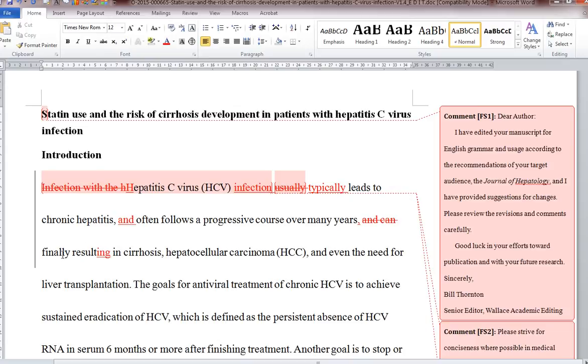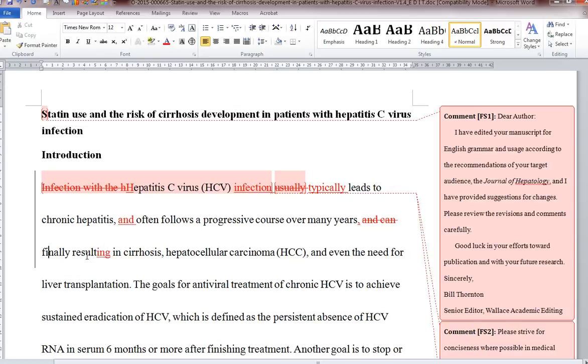But before I move forward, I have a problem with finally. Final result is one of the classic redundant phrases in formal writing. Redundant phrases such as time period, close proximity, general public, phrases where one word is not necessary. In this instance, a result is final.